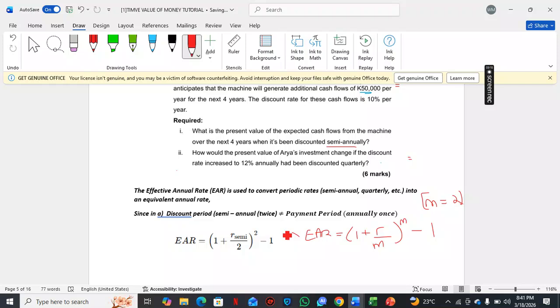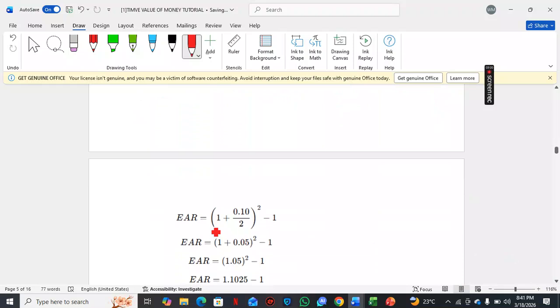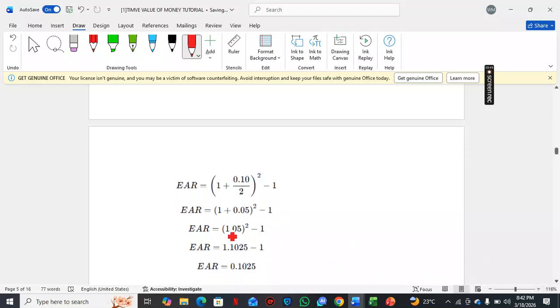Okay, so our formula goes from this to this. Our discount rate is 10%, converted into a decimal. The number of compoundings, 2 here. 0.1 divided by 2, you get 0.05. 1 plus 0.05, you get 1.05. Remember this is squared. 1.05 squared. Colleagues, let's use our calculators so that when you get this document, you are not getting different values.